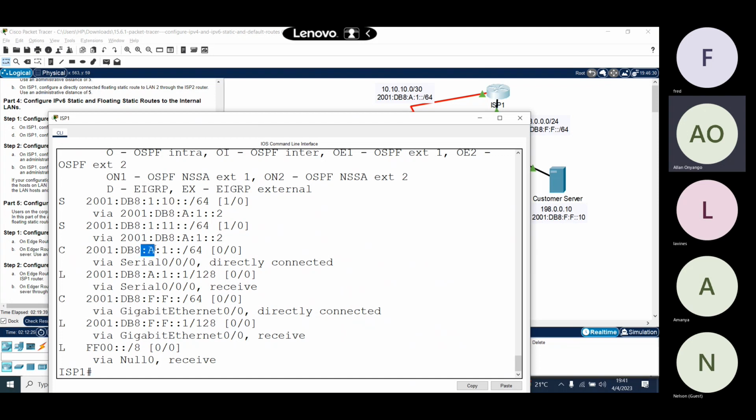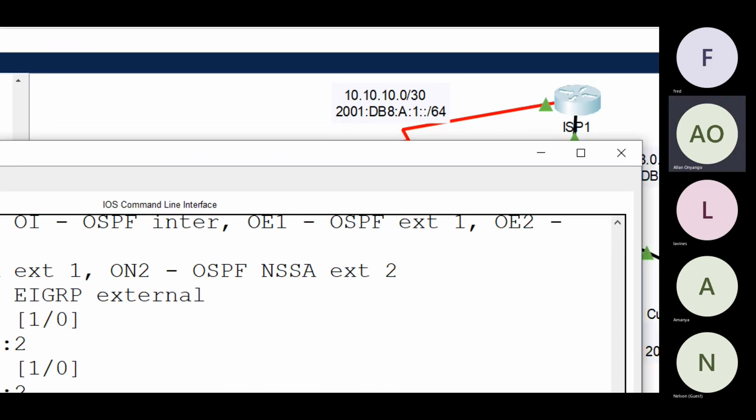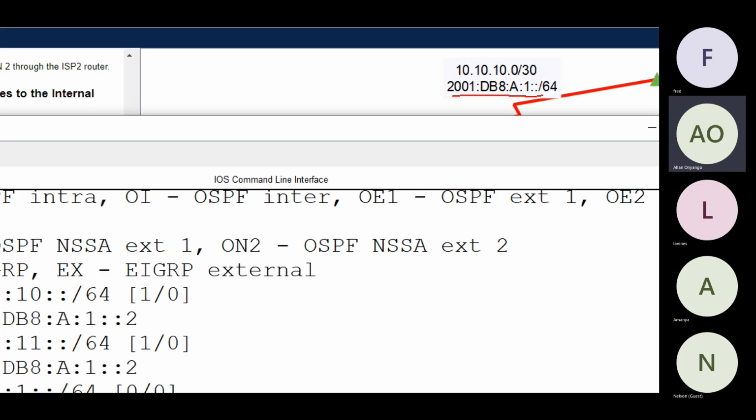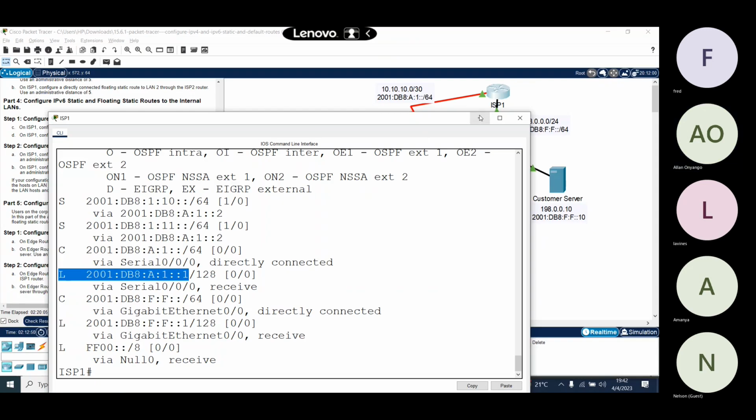We're looking at this one for 1A, and we want to look at the L that follows this C. This is the C. The L that follows it means we need to add a 1 at the end of the double colon. So 2001:DB8:A:1::1. That is exactly what we have found out there.